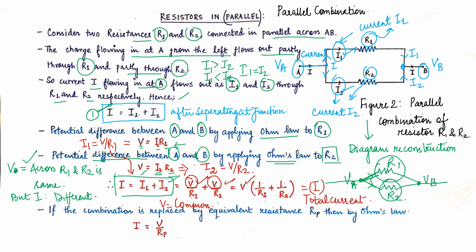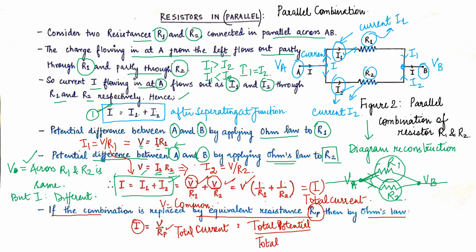Now, what is total current equal to? See, if the combination is replaced by equivalent resistance Rp, then by Ohm's law, total current equals total voltage applied divided by the total resistance in the circuit, or the equivalent resistance Rp. See, total current equals total potential divided by the total resistance.